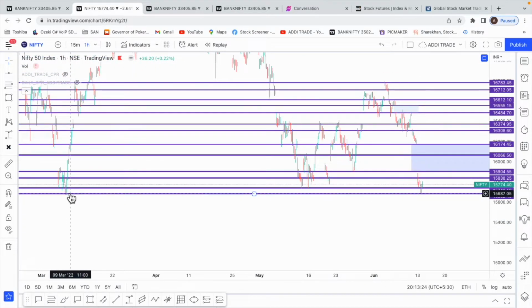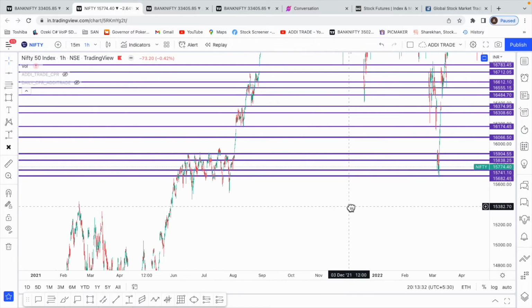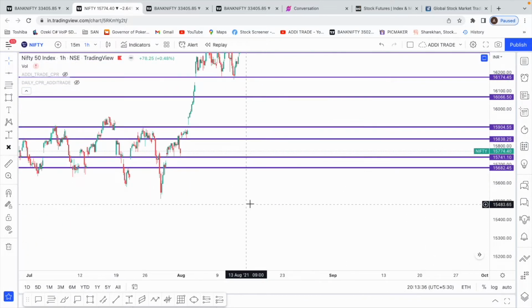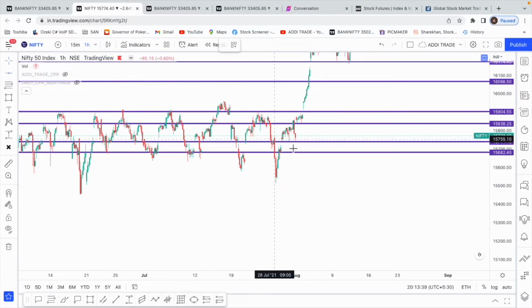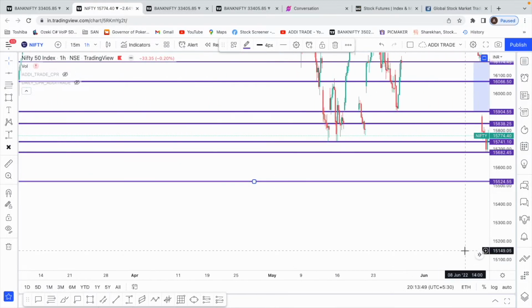Exactly there we took support and we got a small bounce. If this level breaks, the next level of support is coming in only at 15,520. So we'll have to wait and see how the Nifty reacts as well.